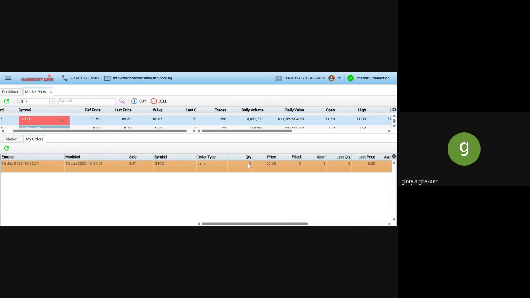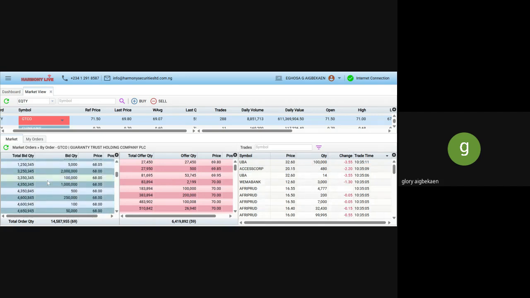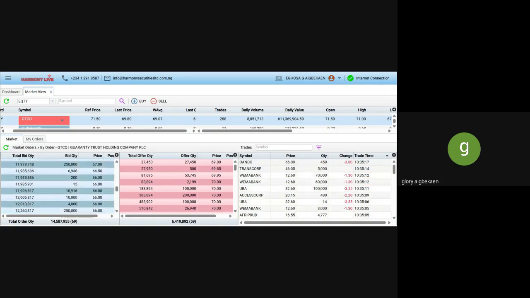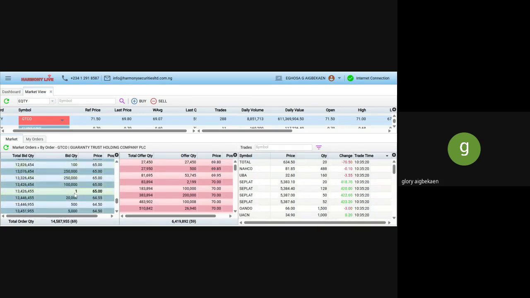So the quantity we have replaced, we are changing from 2 to 1. It's now 1. So if we go back to our order table and refresh, it's now 1. It's no longer 2.